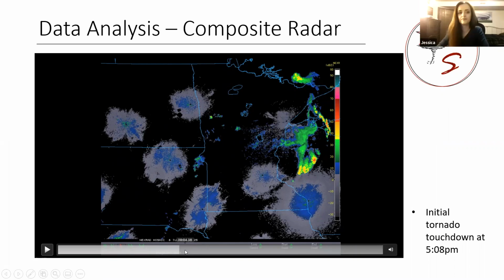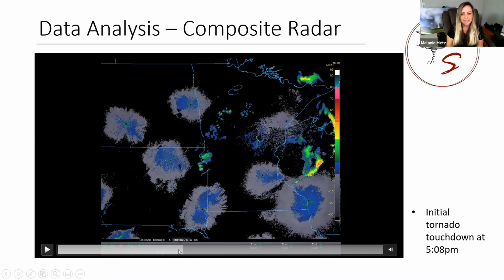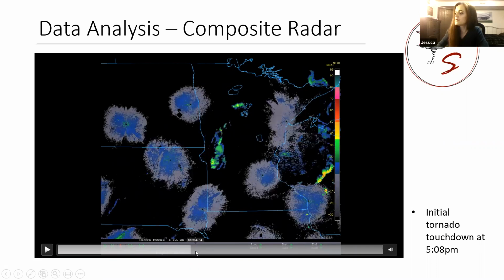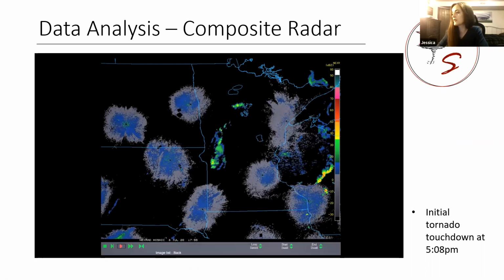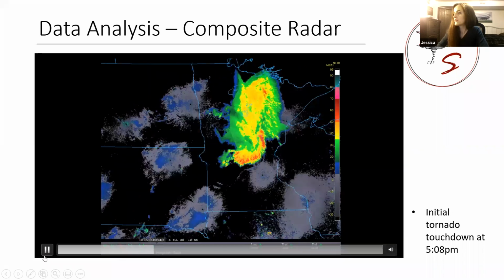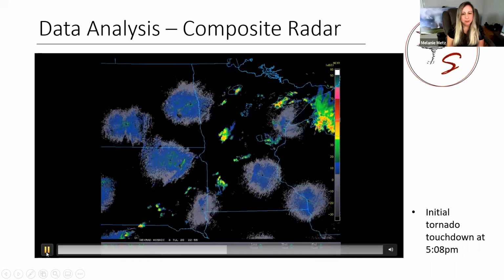All right, we're getting into the afternoon convection here now. You can see just right there in that little kink, storms starting to fire later in the afternoon. I'm just playing the loop here. You can see the whole day.